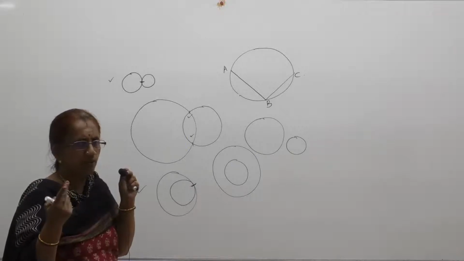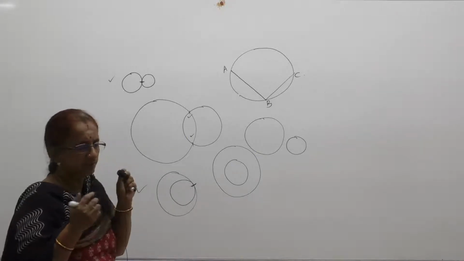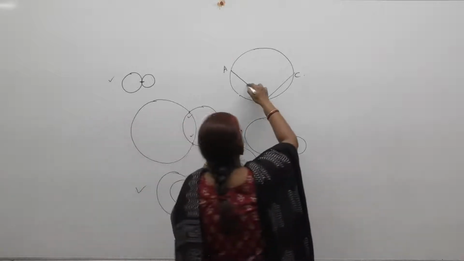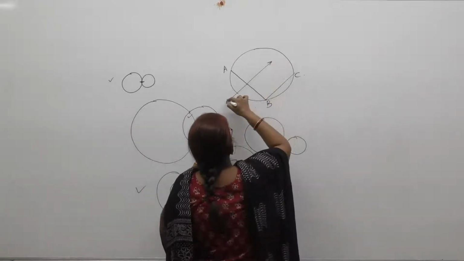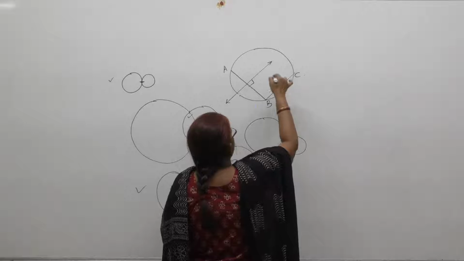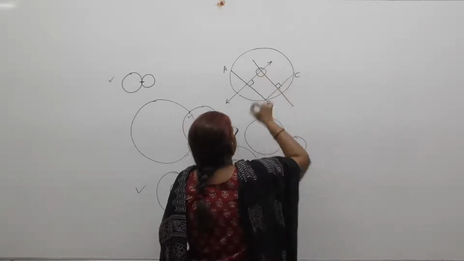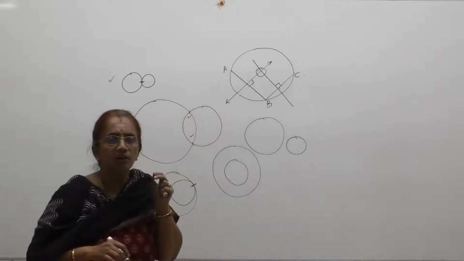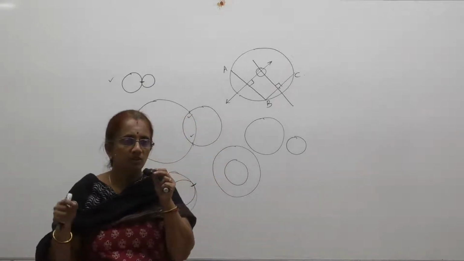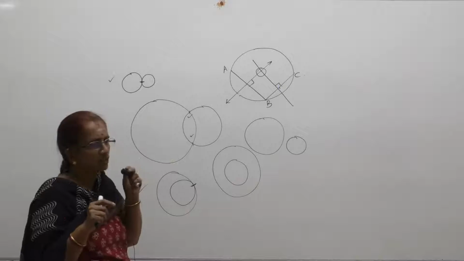Just identify two chords with a common point, say B. Now you need to draw a perpendicular bisector to AB, and then you need to draw a perpendicular bisector to BC. The meeting point of these perpendicular bisectors will be the center of the circle.